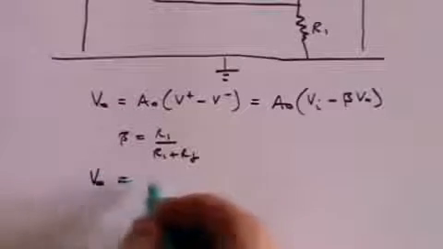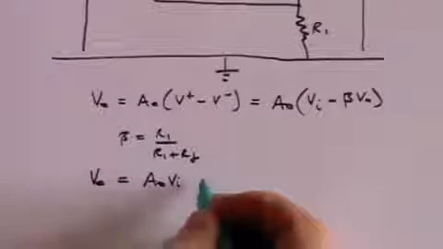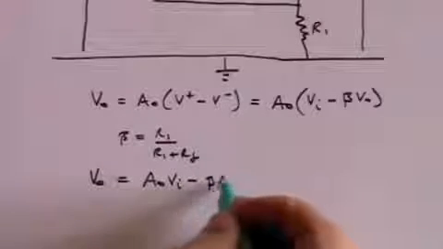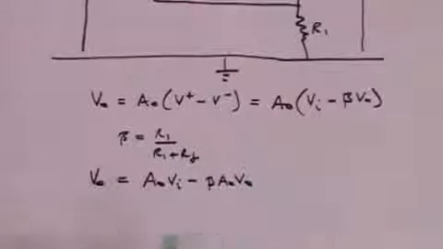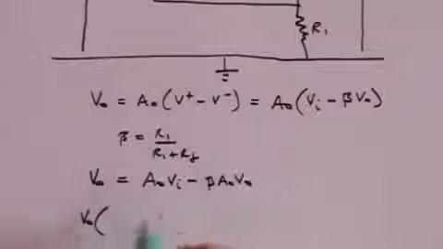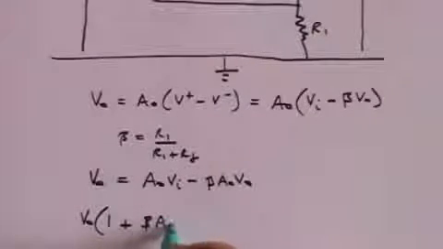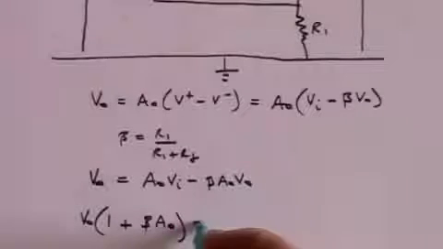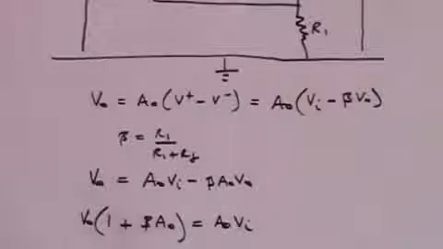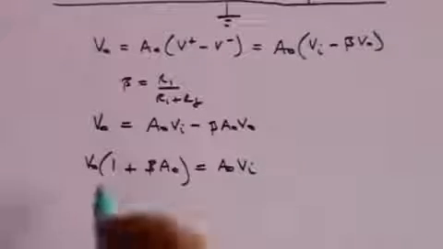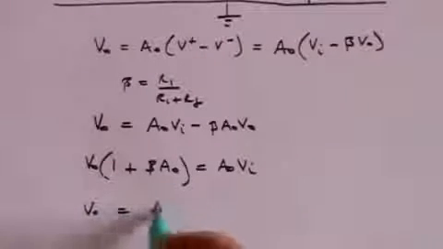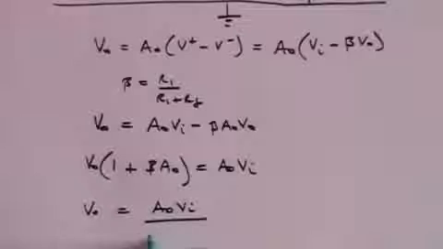That means that V out equals A naught V in minus beta A naught V out. Bringing V out onto one side, you've got V out into 1 plus beta A naught equals A naught V in. So V out is equal to A naught V in divided by 1 plus beta A naught.